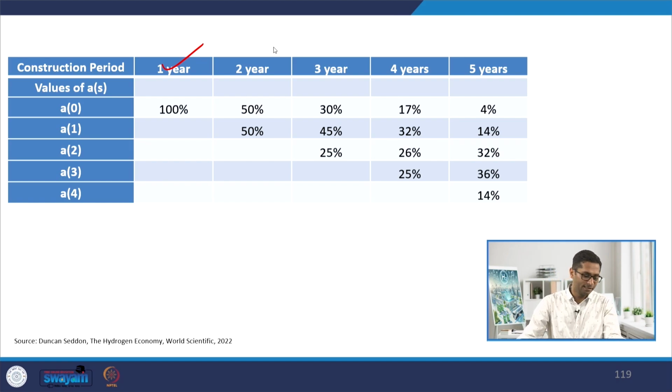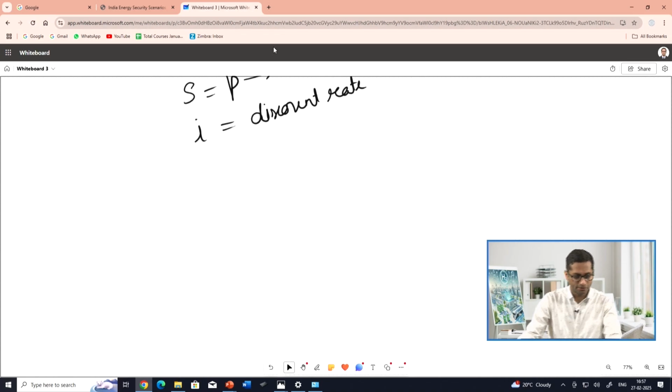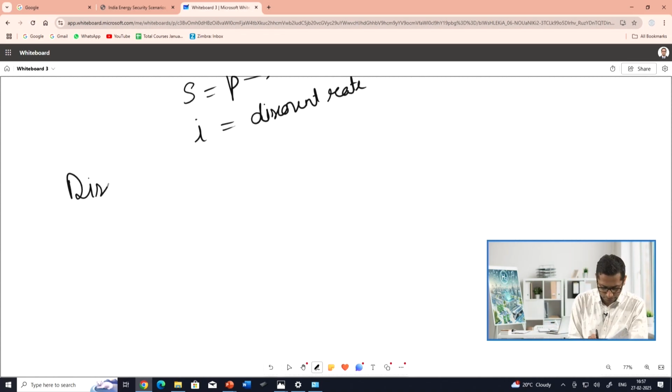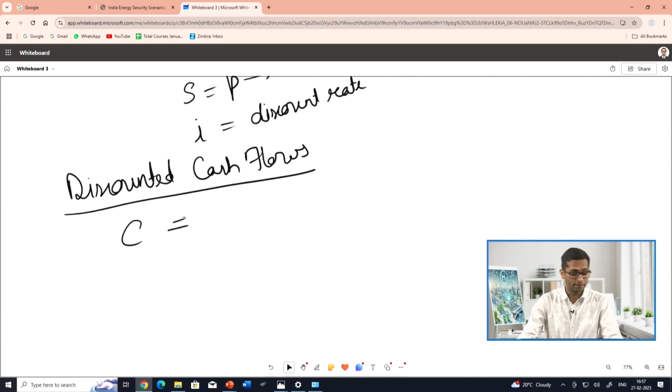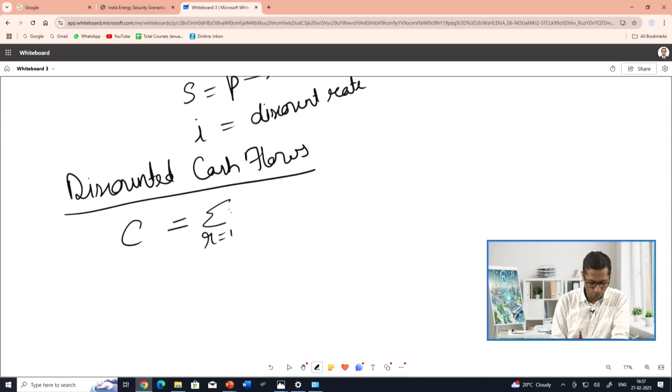So going back to the whiteboard, now understanding the discounted cash flows. The capital cost that I would be recovering would come from 3 factors, with a summation from R is equal to 1 to N. R is the production year when the production has started, and N is the last year of production.